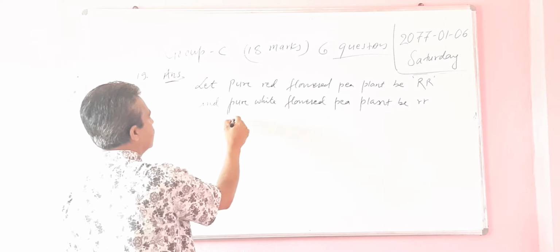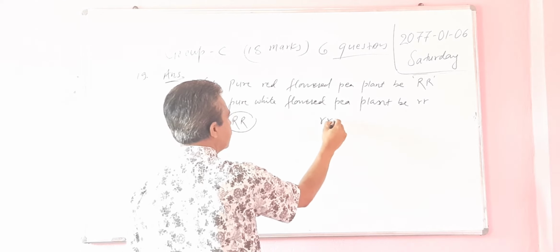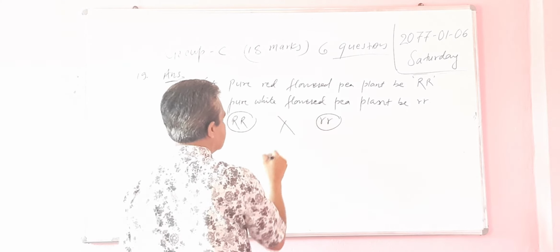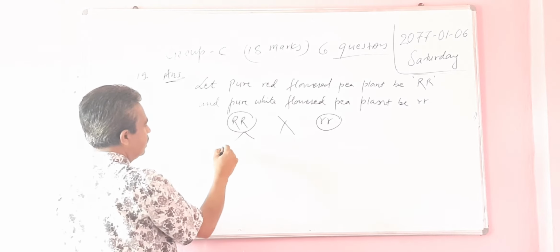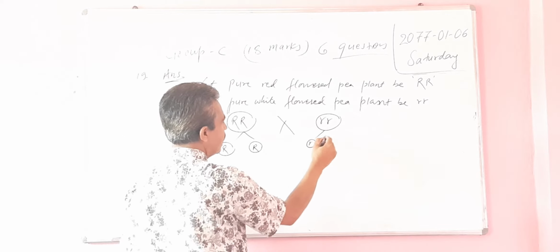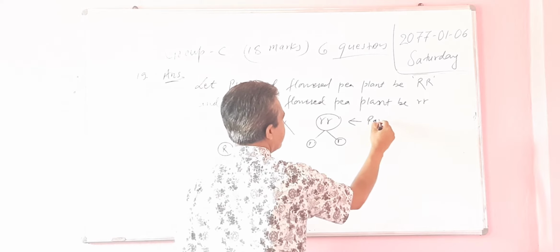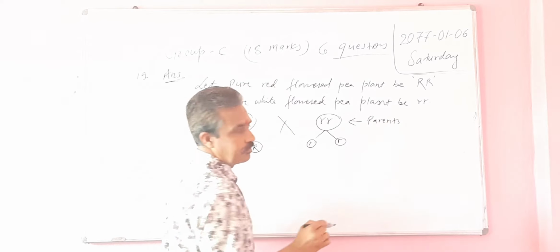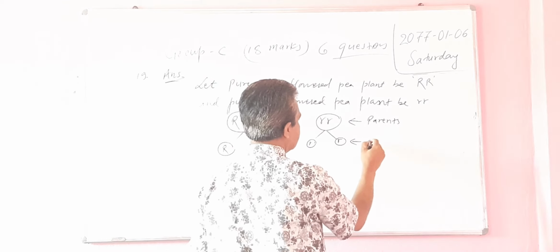So you just write the chart: capital R, here small r, here is cross. So what type of gametes are found here? R. And small r. These are parents. Then these are the gametes.